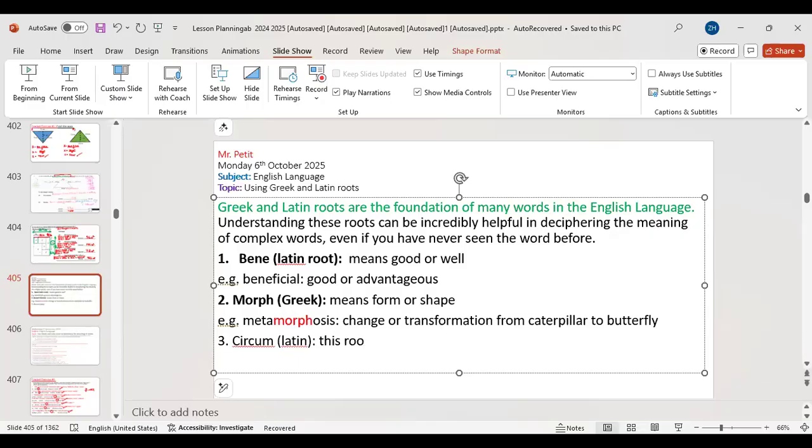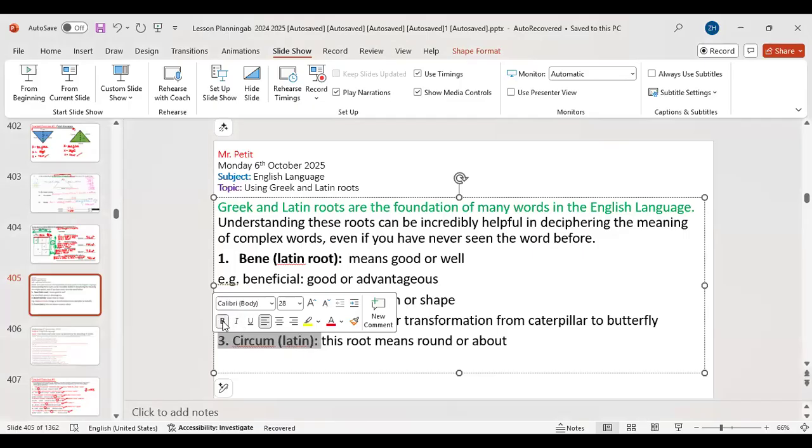So this root means round or about. Circumference, very good. Circumcision. Circumnavigation. Put some circum words inside the chat. Words that have circum inside of it.